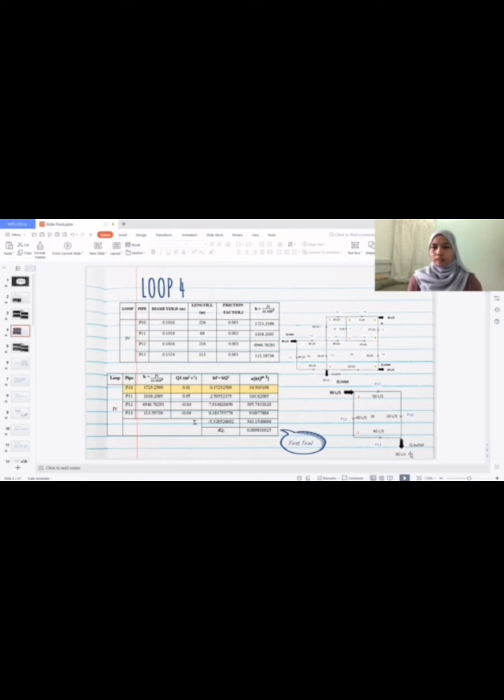And then we need to calculate the value of K. After we get the value of K, we assume the value of Q, which in P10 we assume 0.01, P11 0.05, P12 0.04, and P12, which is anti-clockwise, we assume negative 0.04, and P13 negative 0.04.